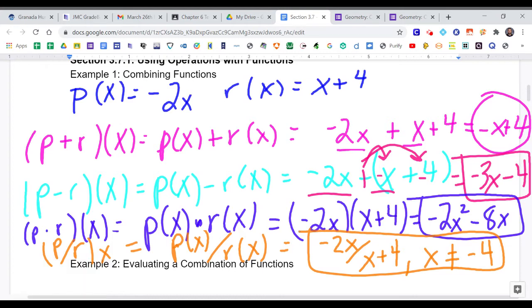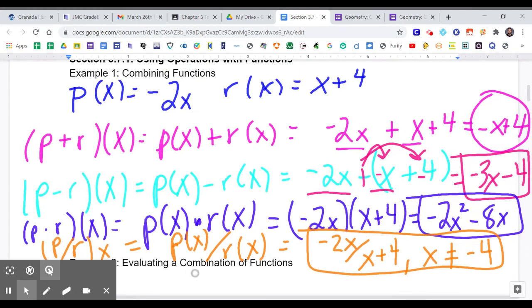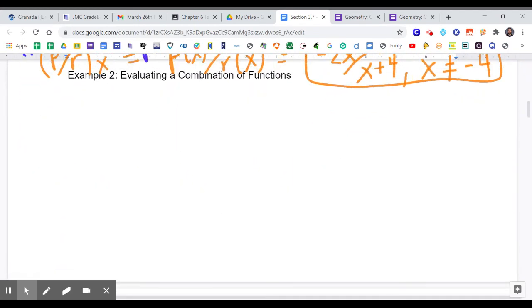Now we're going to talk about evaluating. How do we evaluate these? The way we evaluate is they're going to give us some value, and our job is to plug that number in for a given value.